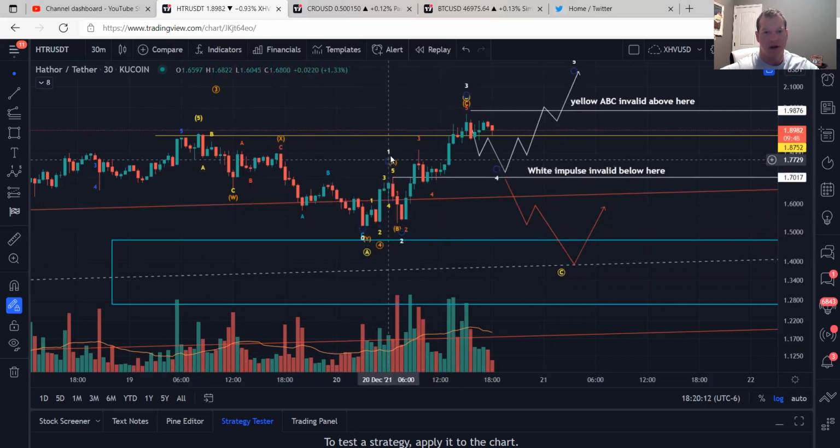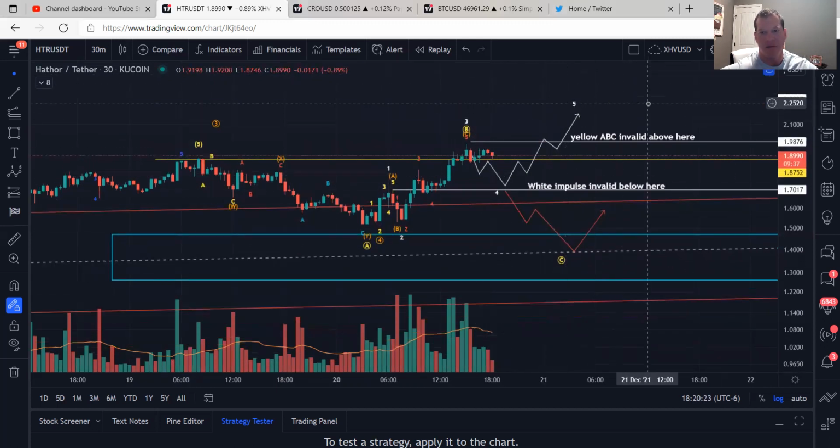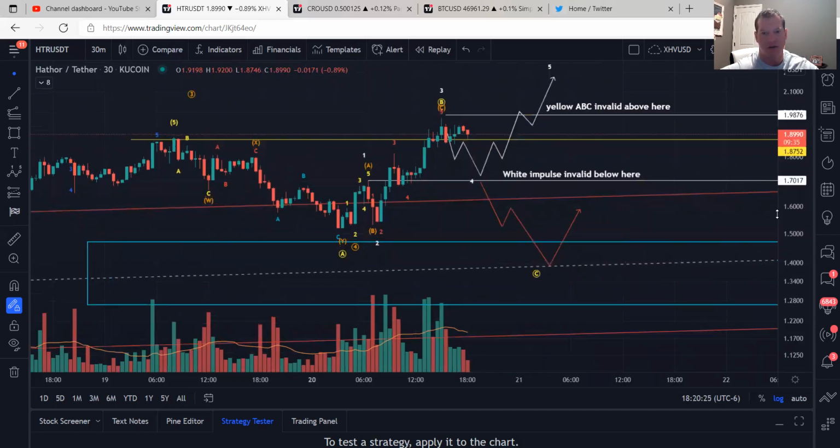And then we are on our 1, 2, 3, this white count here. Then we'll still have a 4 correction, and then our final 5 wave up to $2.30.